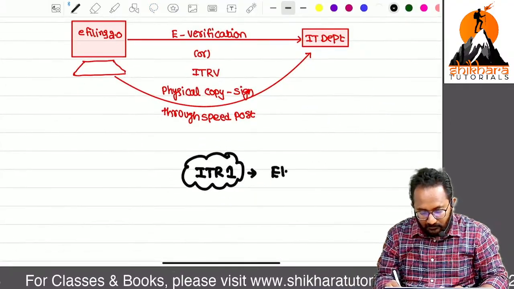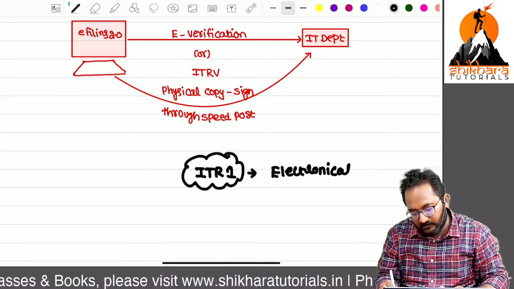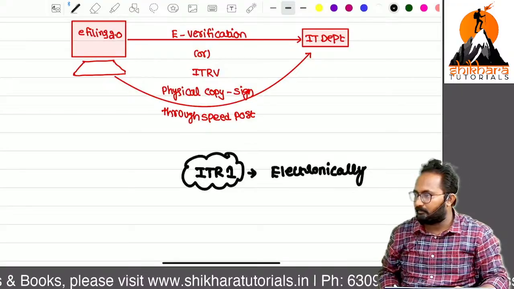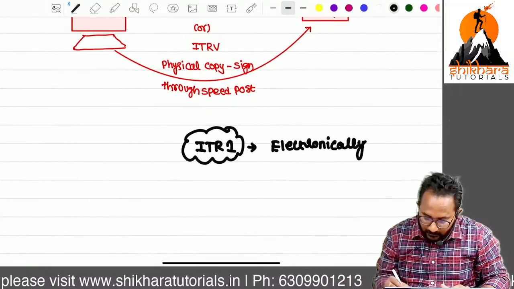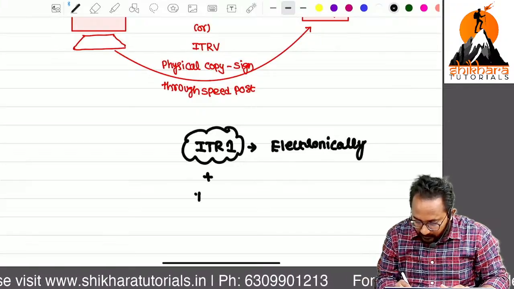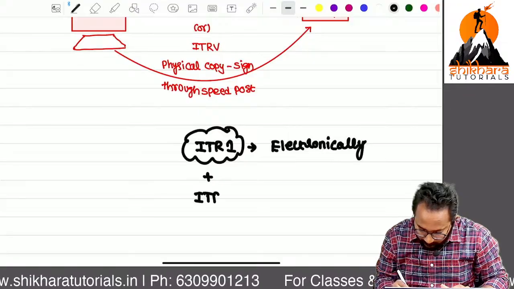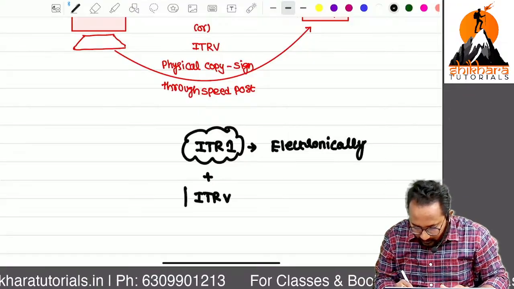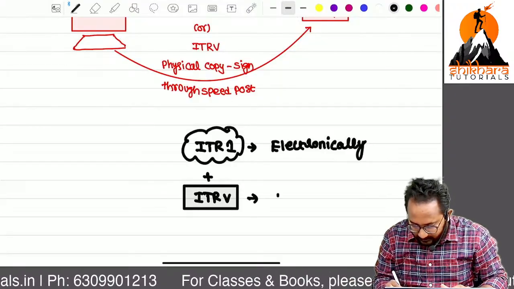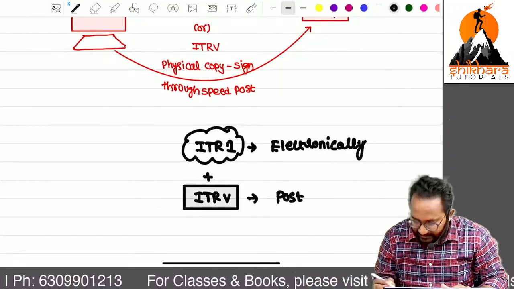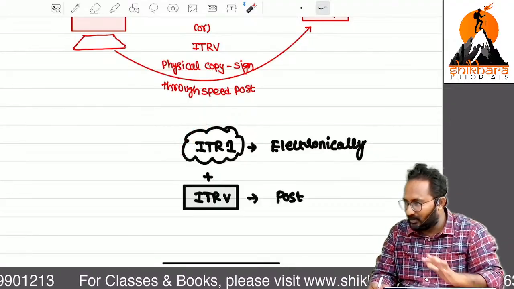This ITR 1 data is electronically transmitted to the department. But for verification purposes, which ITR form do we have to post? ITR V, sorry. ITR V itself is enough, ma. No need to post the entire ITR 1, ITR 2, ITR 3, ITR 4 again. That is not required.